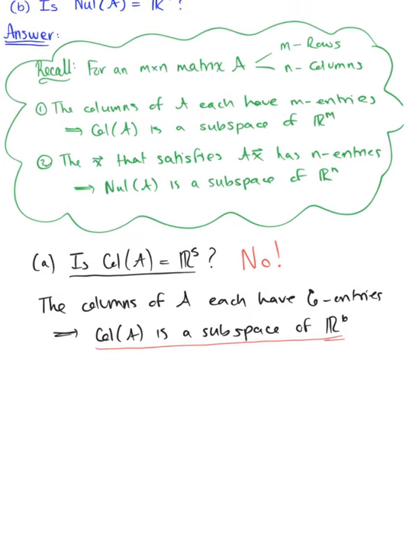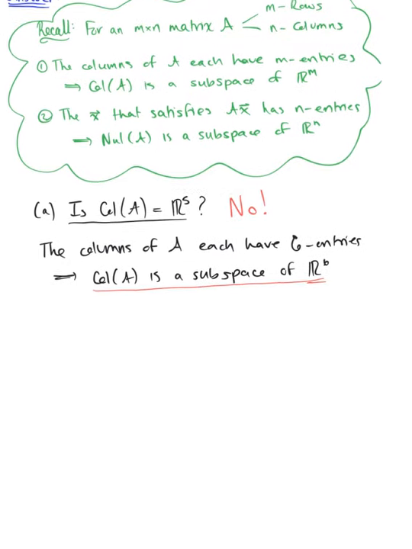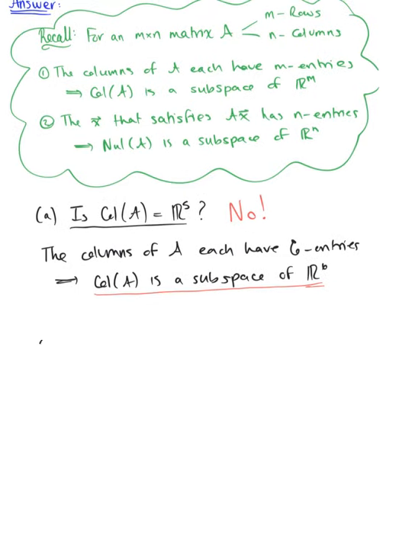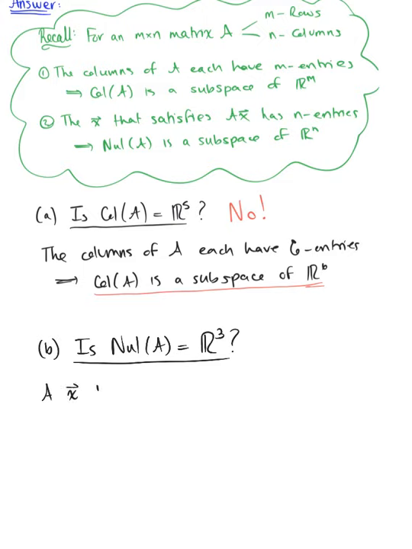So, moving to the second part here, make sure we can still see our theorem. Part B: is the null space of matrix A equal to R3? I don't know, let's find out. So we know that a vector x that satisfies the matrix equation, matrix A times vector x, has 8 entries.